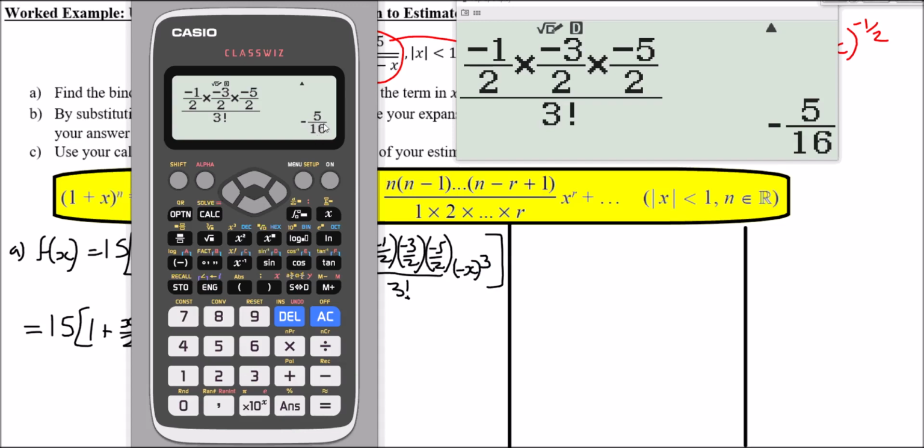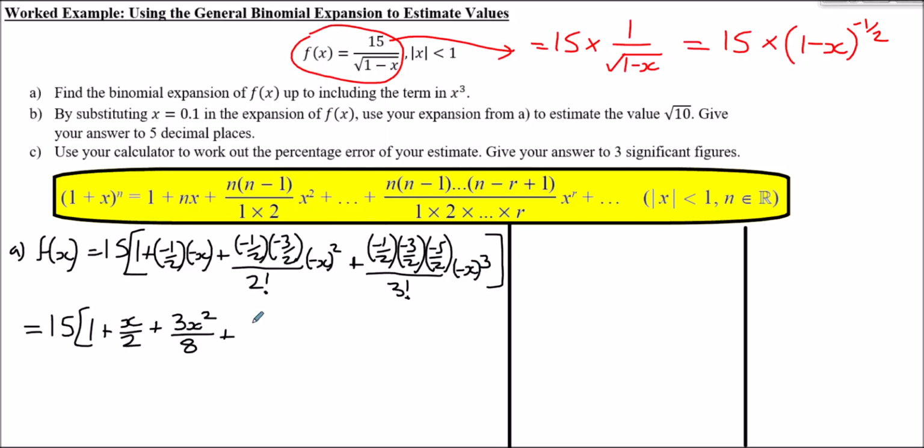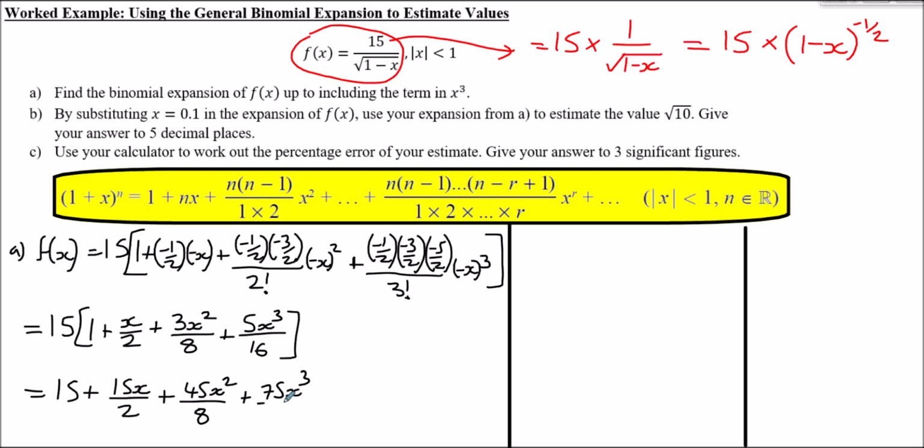That's going to be positive 5/16 x cubed, or just plus 5x cubed over 16. If we then expand this all by 15, 15 times 1 gives 15. 15x over 2 is, well, 15x over 2. 15 times 3x squared over 8 gives 45x squared over 8. And lastly, 15 times 5 is 75, so we get 75x cubed all over 16.